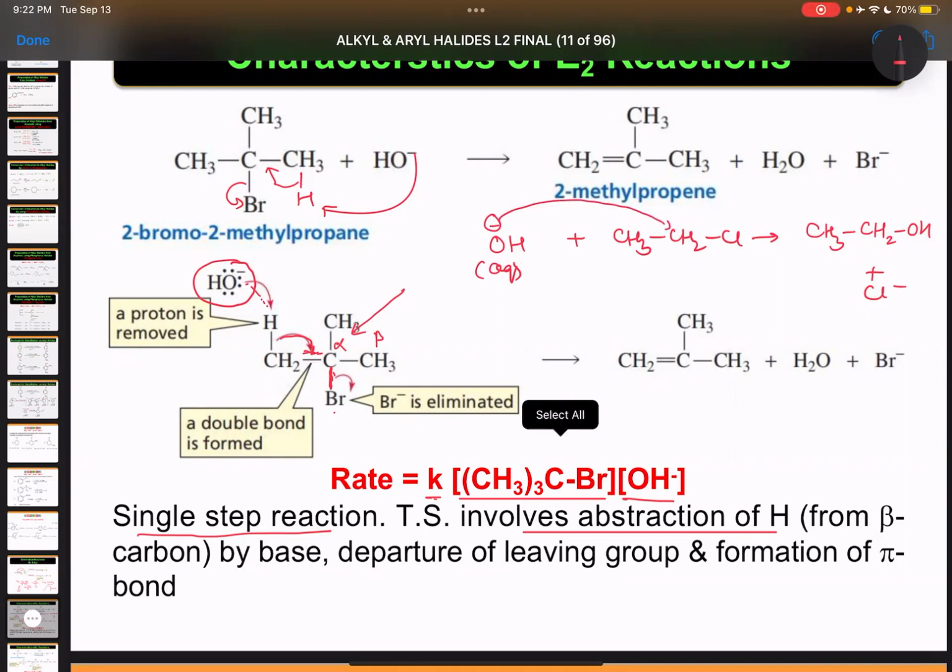Okay. And suppose I take alcoholic KOH. KOH alcoholic means dissolved in ethanol, and heat. So this base will come and abstract H plus and Cl.